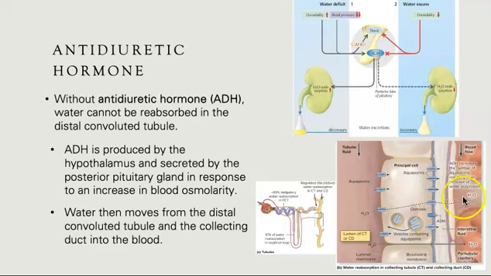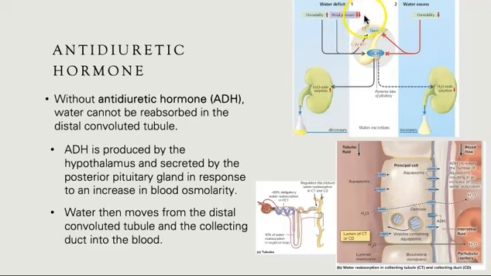And this is the ADH that was flowing through the blood and attached to the receptor here in our principal cell, telling it to go through protein synthesis and create these aquaporins to insert along the cell. In this way, when we reabsorb water, that will decrease our osmolality and start to increase our atrial pressure.